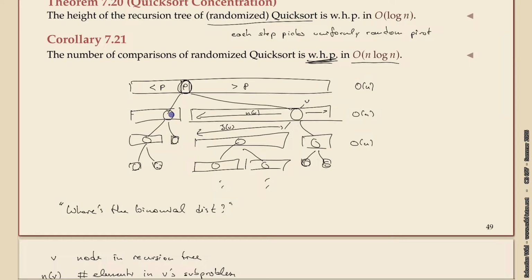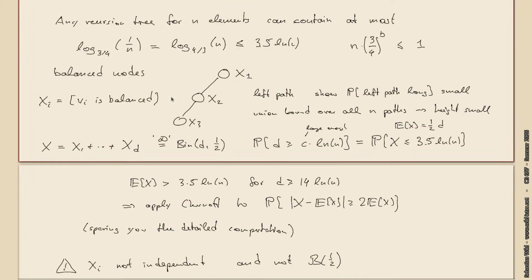It's got to be. But that also means the probability for this guy is not independent from the balancedness of the parent, because the way the parent chose its pivot influences my size. So there's a sneaky, tiny little dependence that sneaks in.